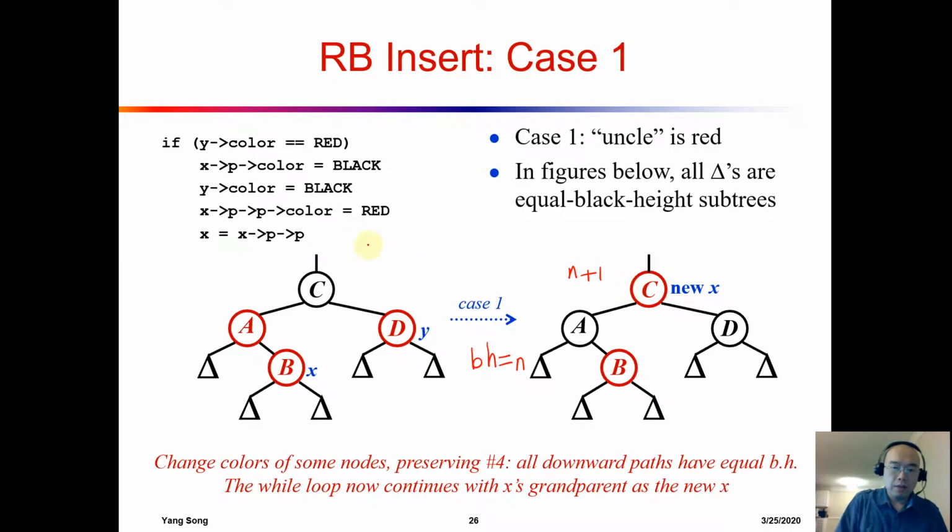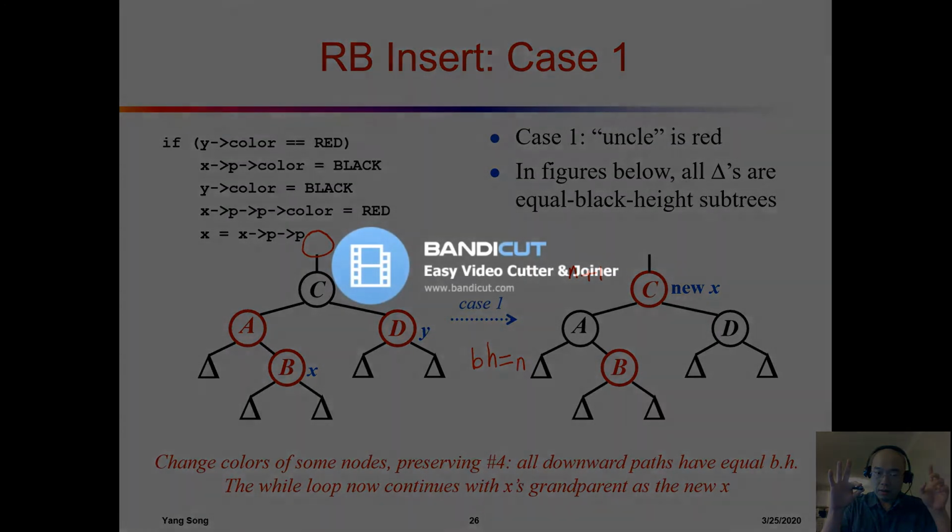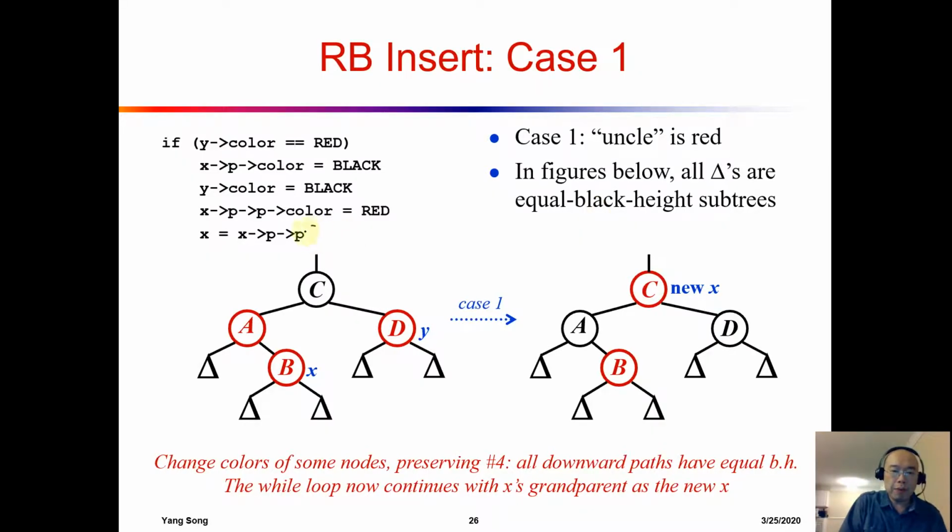However, this may just be a subtree, right? So how about if we have even more nodes up? If we have a black node here, then in this case, after recoloring this tree, nothing is broken, right?